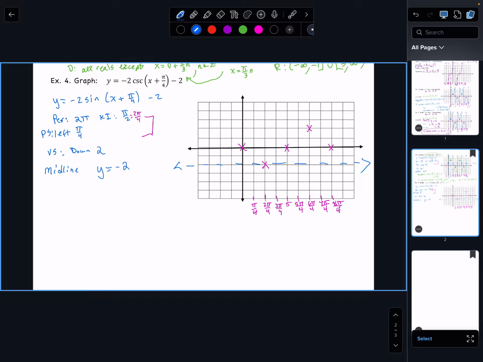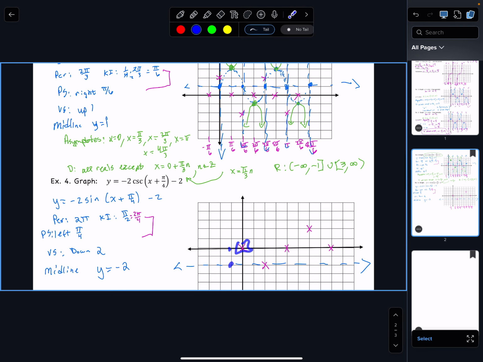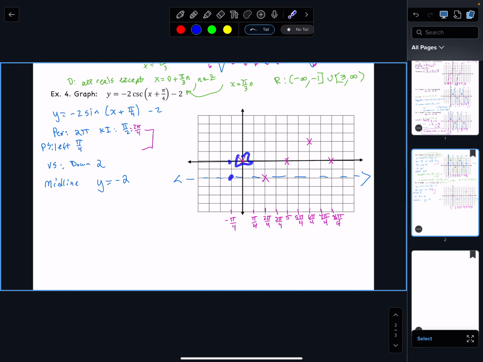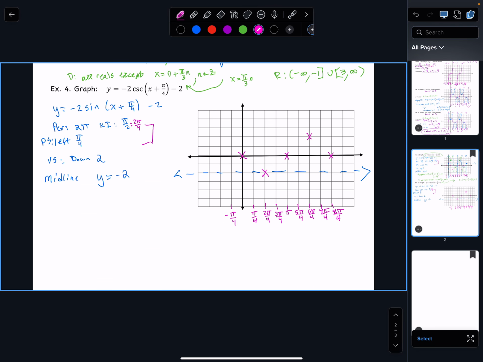And now we're going to go to the left pi fourths. So 1 unit left and down 2 for each of these. So this point's going to the left 1 and then down 2. And we need to do that to each point. So to the left pi fourths down 2 puts a point here.